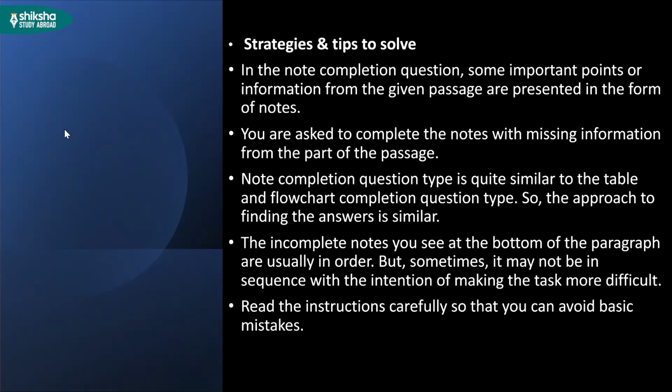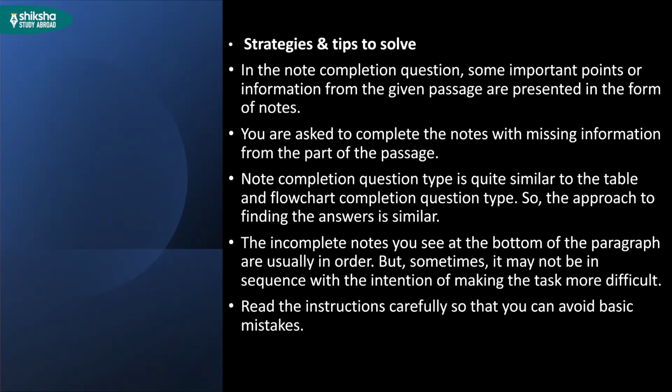Now, there are a few strategies and tips which I have provided for you to solve this kind of question. So first strategy is, you are asked to complete the notes with missing information from the part of the passage. Note completion question type is quite similar to the table and flowchart completion question type. So the approach to finding these kind of answers is similar.